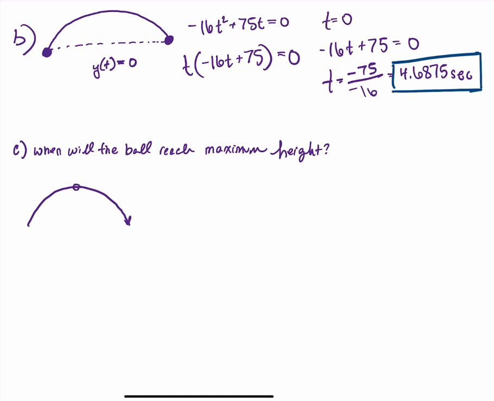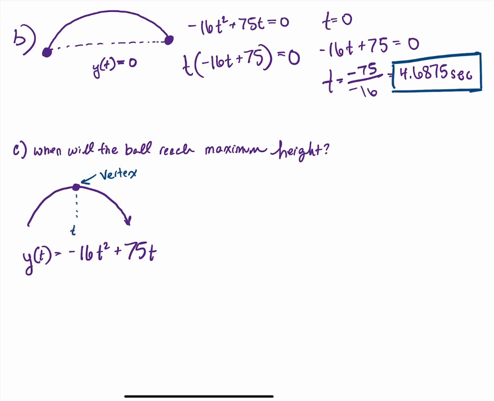So it'll reach its maximum height at the vertex of the parabola. So let's write out our definition for y. We said y of t is equal to negative 16t squared plus 75t. So it will reach this maximum at the vertex that will be associated with some value of t.